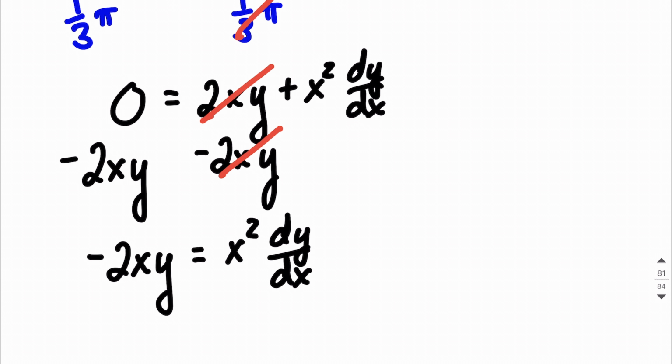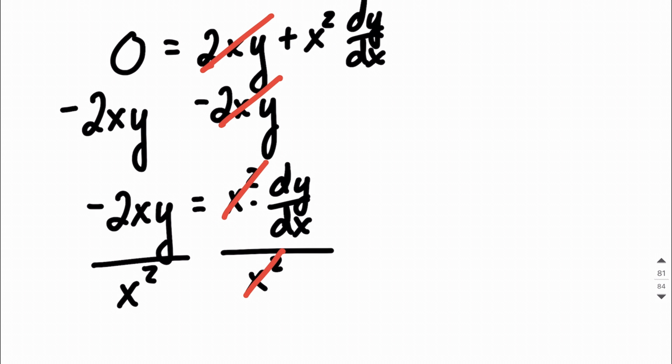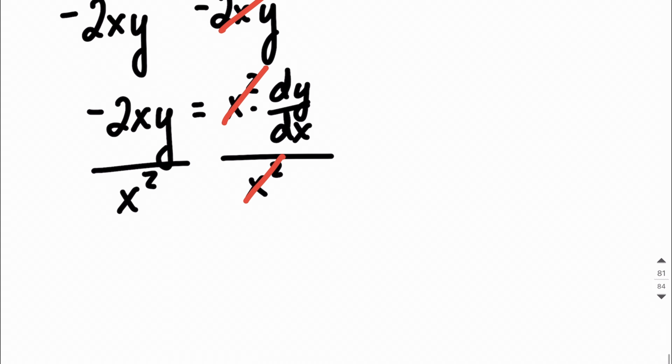And still needing to isolate that dy/dx, we need to eliminate the x squared. Well, it's connected with multiplication at this point, so we can divide both sides by x squared. The multiplying and dividing, or getting x squared over x squared, creates a 1, and this will isolate our dy/dx. So we get the dy/dx on the right-hand side by itself.